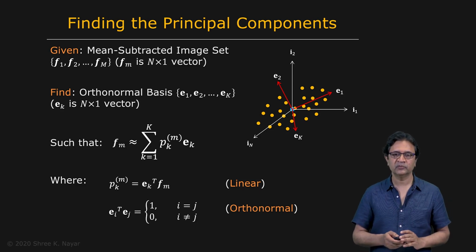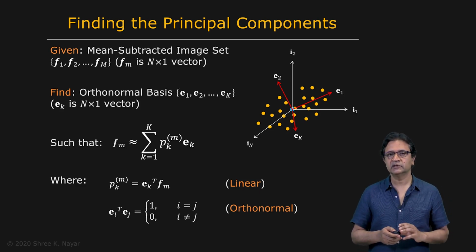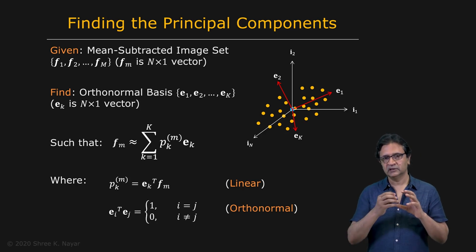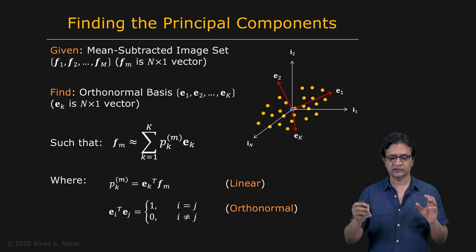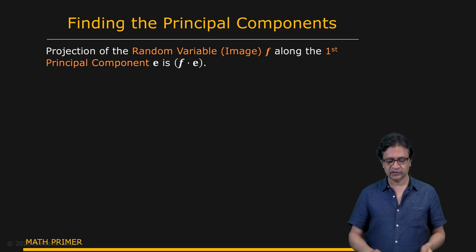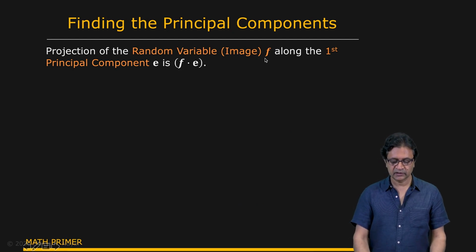So how do we now formulate this problem? Well, let's just look at the first principal component. What does the first principal component mean? It means that it is the direction along which the distribution of your images has maximum variance. So let's just treat our image set, all the images in the set, as a random variable f.